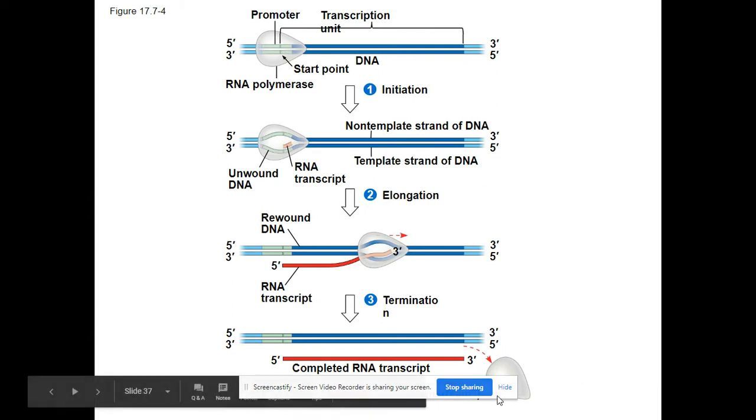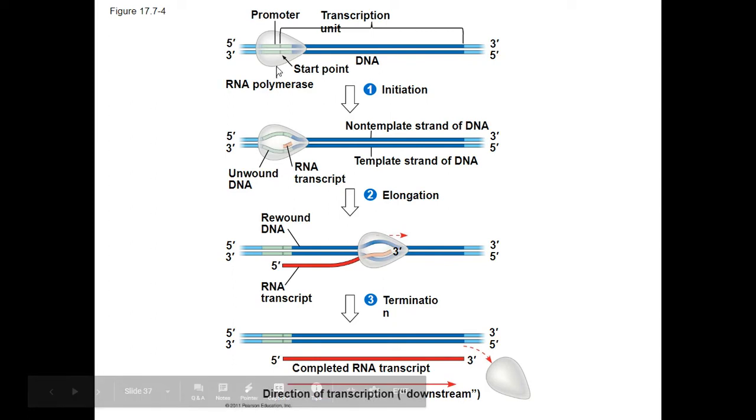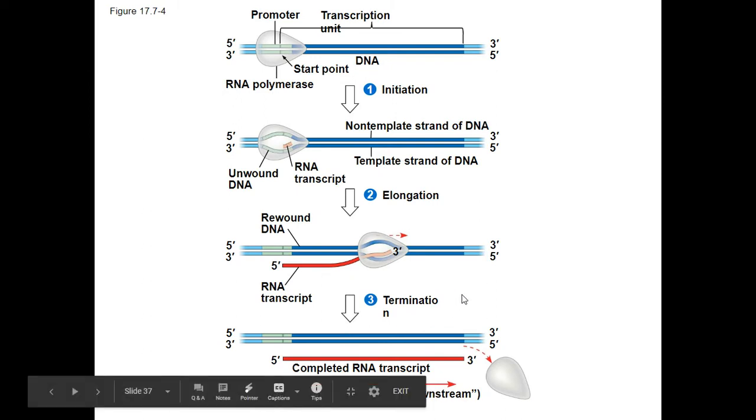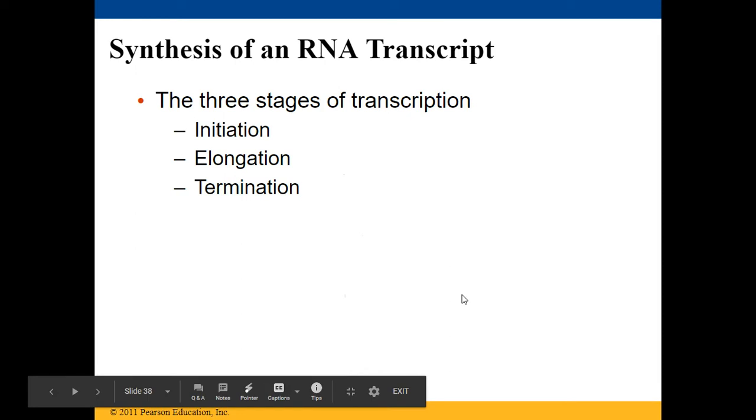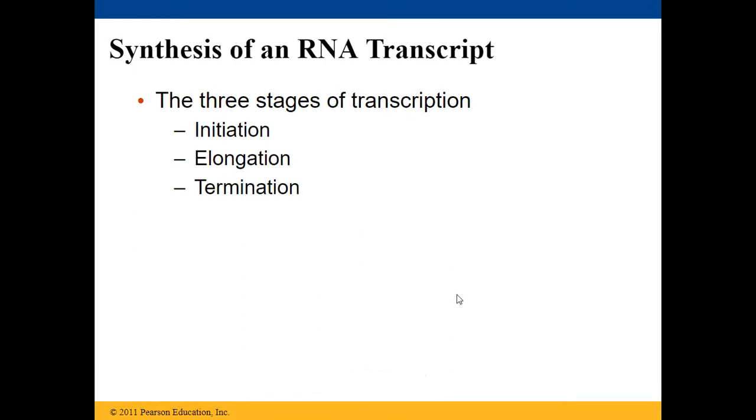In a eukaryotic cell, the RNA polymerase attaches to the promoter sequence, goes down, so it starts to separate the DNA out. It starts moving down the DNA, creating an RNA transcript in the process, and then resealing the DNA back together at termination.